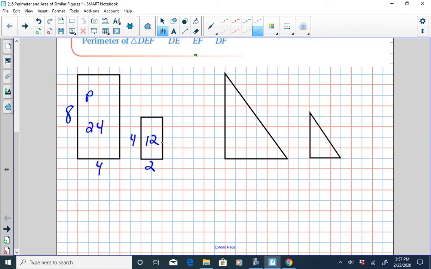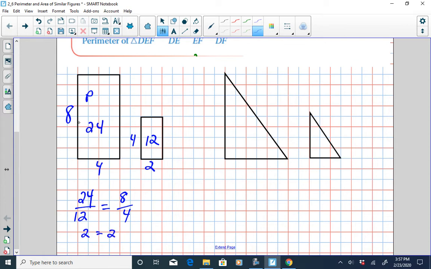So we're saying that the ratio of their perimeters, 24 to 12, is going to be equivalent to the ratio of the corresponding sides. So let's pick the ratio of 8 to 4. Is 24 to 12 the same as 8 to 4? Well, 24 divided by 12 is 2, and 8 divided by 4 is 2.